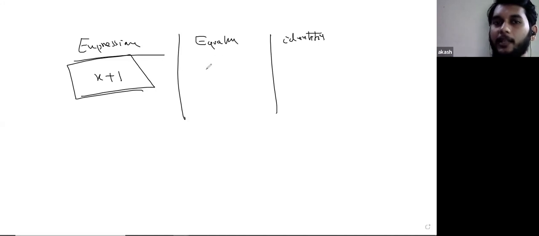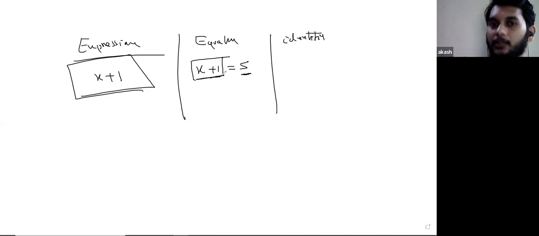But now if I write x plus 1 equals to 5, now we are equating that x plus 1 must be 5. The value of x plus 1, that means the value of this expression, must be equal to 5. That is why this is called an equation. We are equating two things.